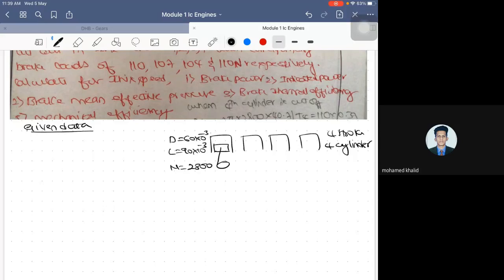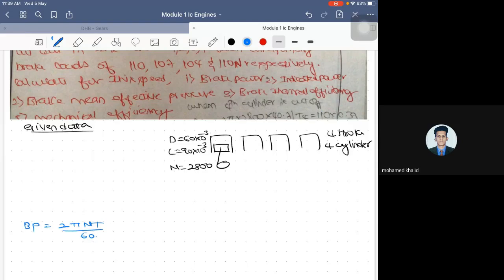Now it is tested at this speed against the brake, which has a torque arm of 0.37 meters. The net brake load is 160 newtons. While calculating, how do you calculate BP, by the way? It is 2 pi NT by 60, isn't it?